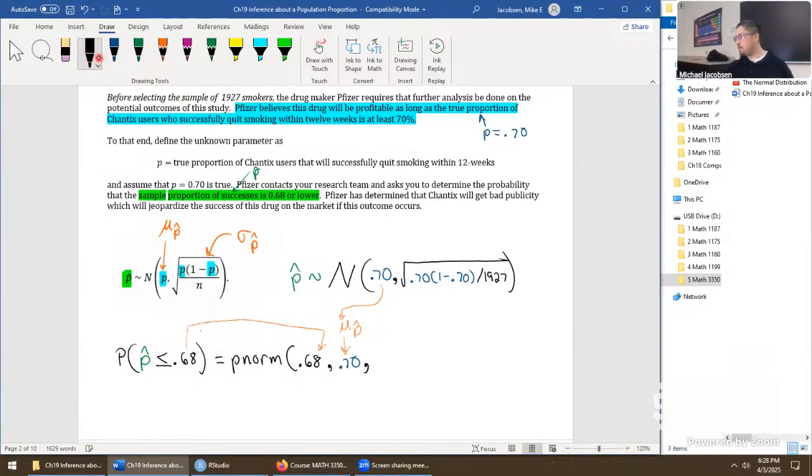Then next part, sigma p hat. Forgot how to draw sigma. Give me a moment. Sigma p hat, which becomes root of 0.70 times 0.30 over 1927. Notice I didn't even worry about putting this into the calculator. It's no harm in just putting this all in one line and getting the most accurate value out directly.